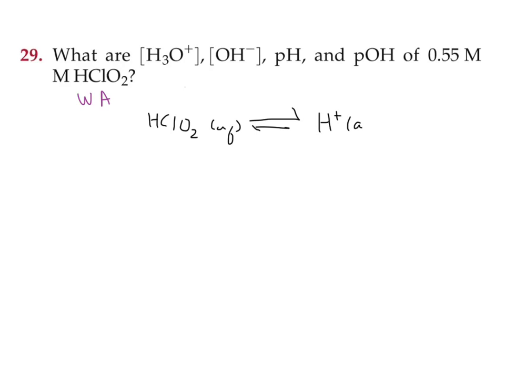Kicking off a proton, I would probably write its equilibrium constant expression, its Ka expression. And then I would write an ice table.